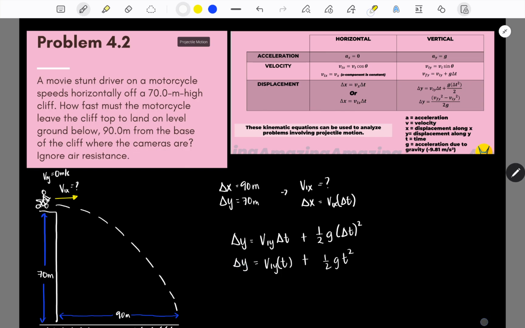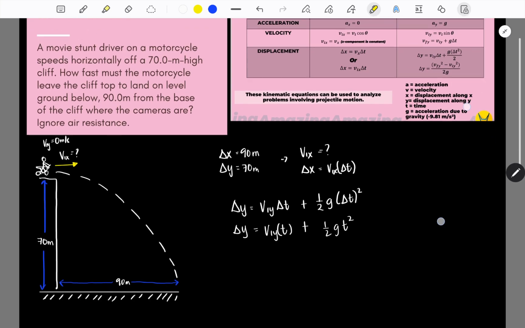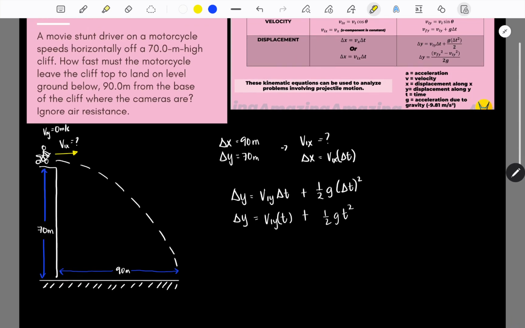Now from this formula, you'll notice that VIY here is equivalent to 0, so you can cancel that one out. Thus, your equation will become delta y equals 1/2 g t squared. Again, this is because VIY is 0.